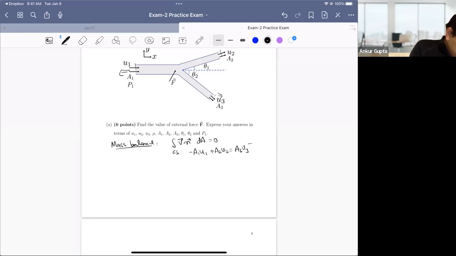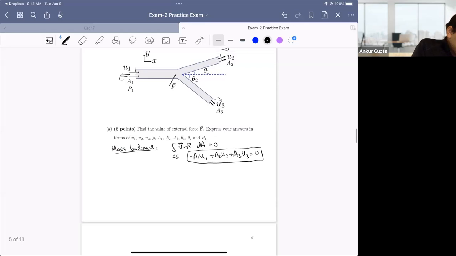So this is very clear. This is the mass balance, and it also makes sense from the usual continuity equation that inlet minus outlet is 0. Okay.